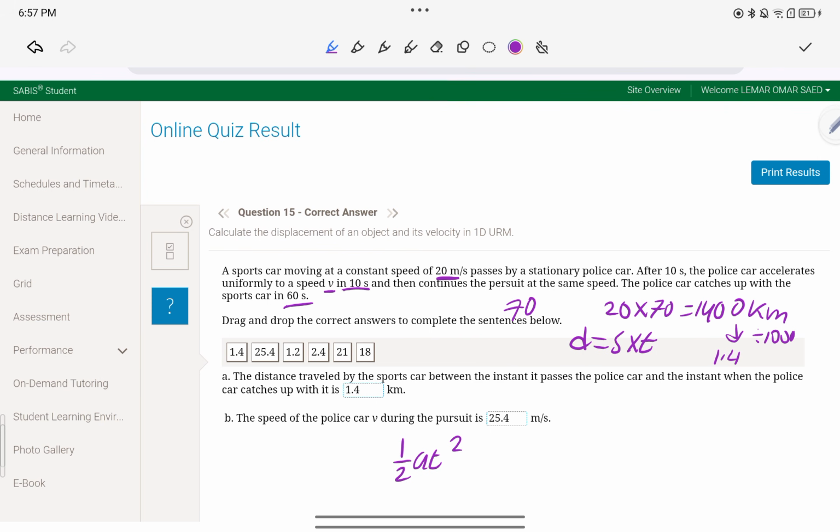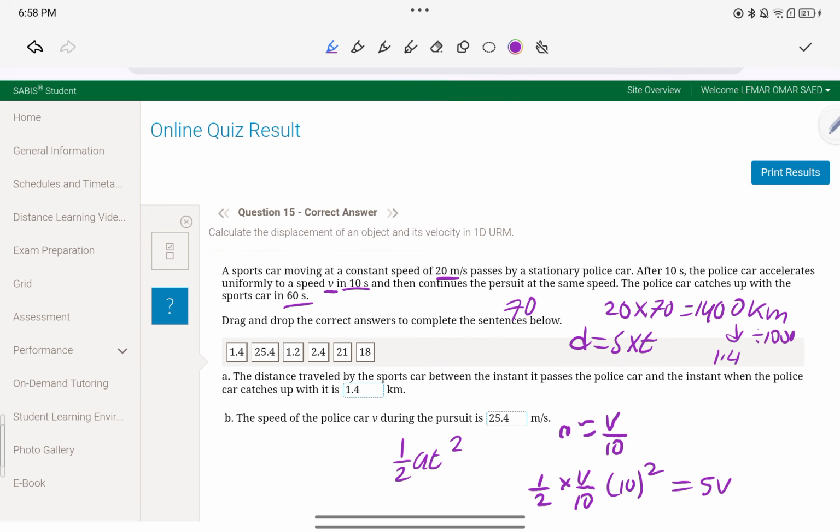Look at V. So, in the first 10 seconds, the acceleration is A equals V over 10. So, 1 over 2 times V over 10 squared, because they said the first 10 seconds. Okay, we're talking about the first 10 seconds now, which is equal to 5V.